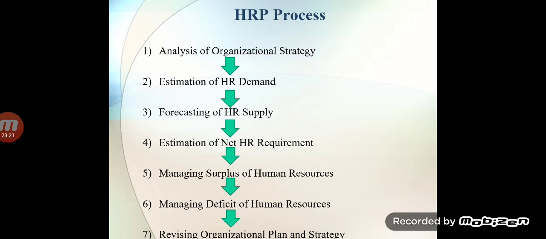It happens that in the marketing department the number of employees is very high, but in the finance department the number is very low. In marketing we require only 10 employees, but we have 12, and in finance we have 8 employees, but we require 10.